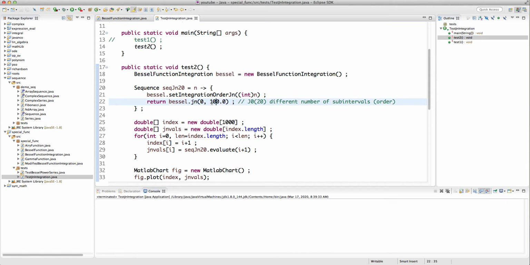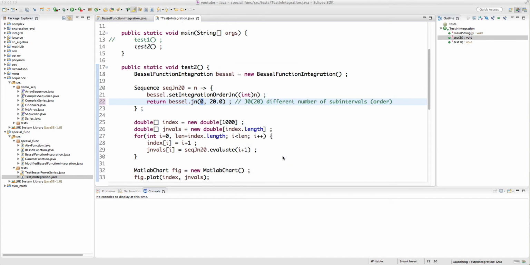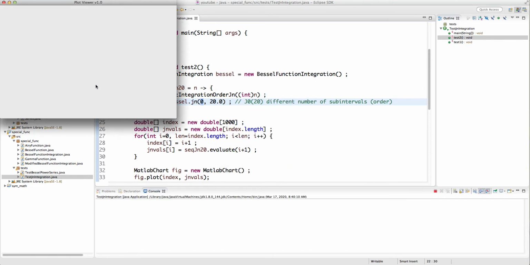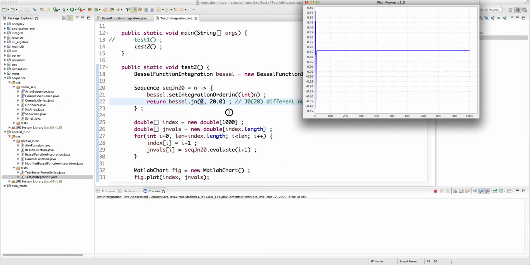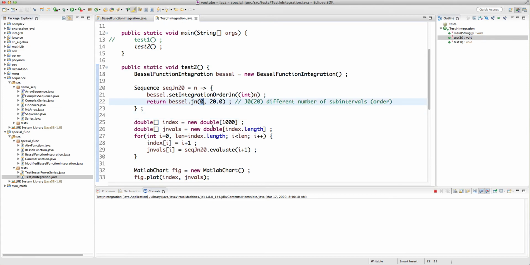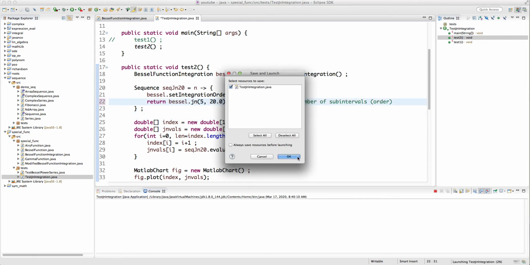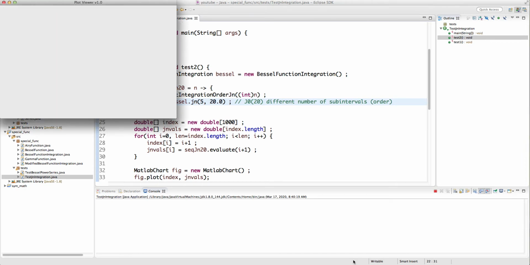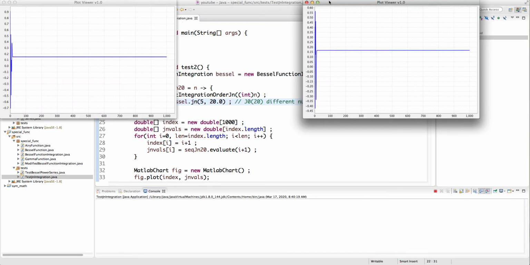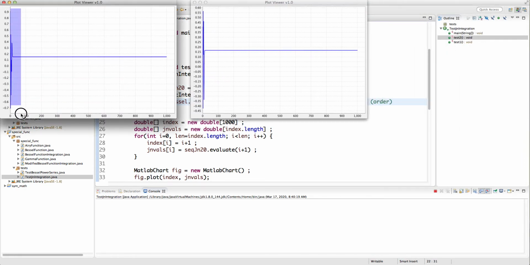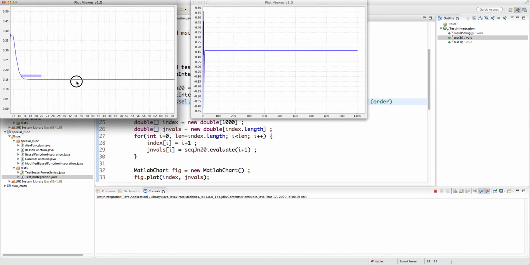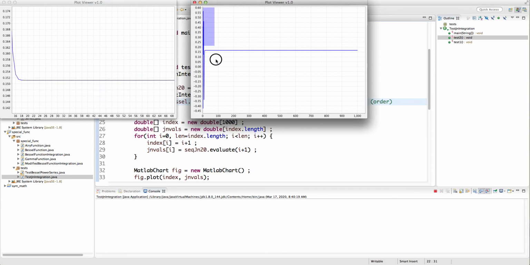And back to 20. So let's run this again for J0 at 20. All right. Now let's increase the order, J5 at 20. So J5, this stabilizes at about 16, 18.